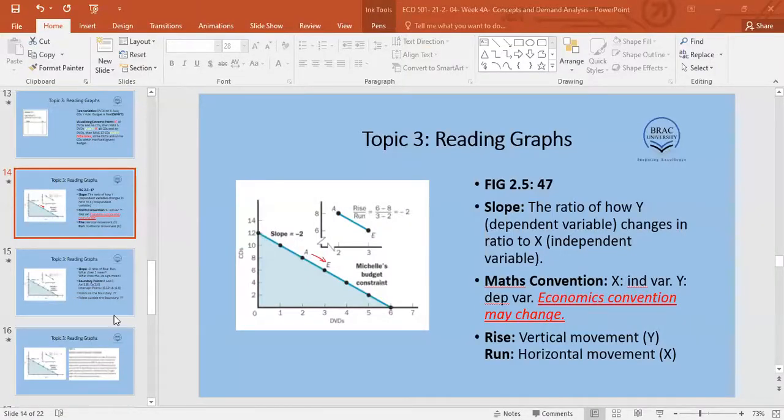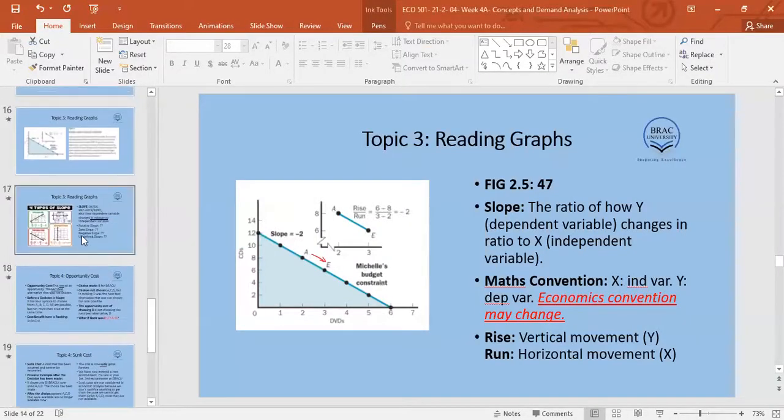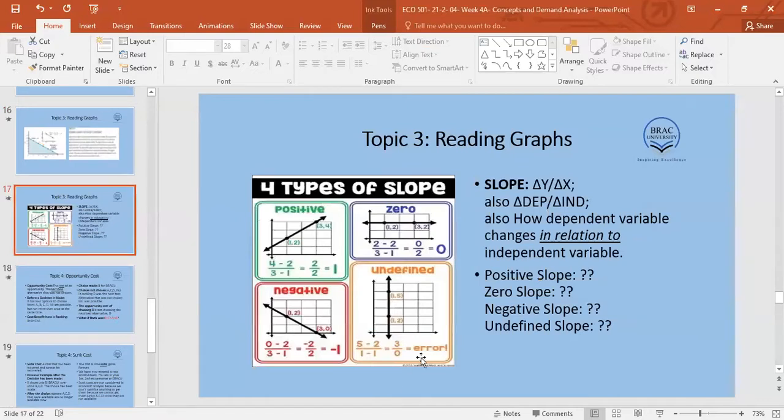So if we now look at this, this is the mathematics convention. Can you see the graphs? Can you see the slide? Yes, sir.